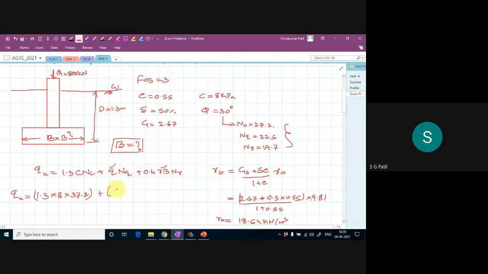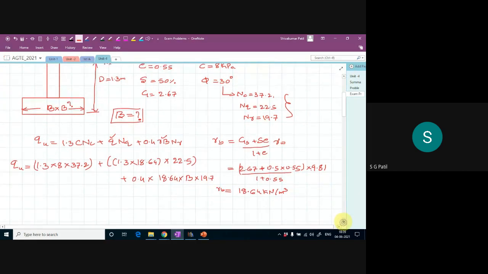So 1.3 is depth into unit weight 18.64, into your Nq, Nq is 22.5, plus 0.4 gamma, gamma 18.64, into B. I will put B as it is, into N gamma. N gamma is 19.7.